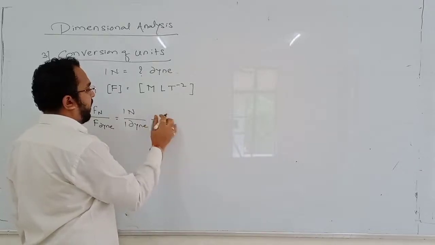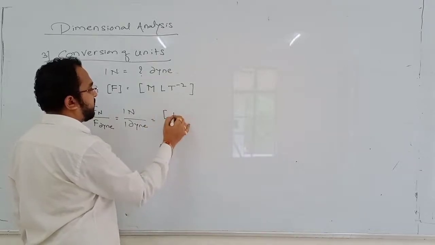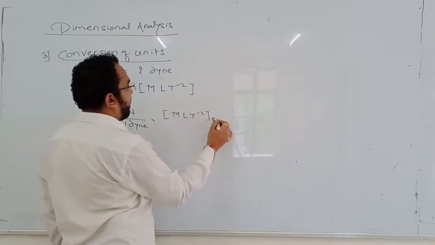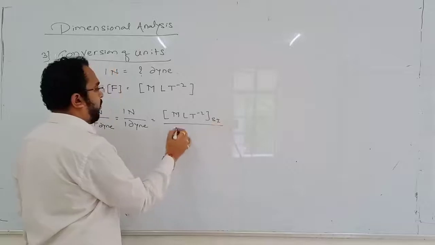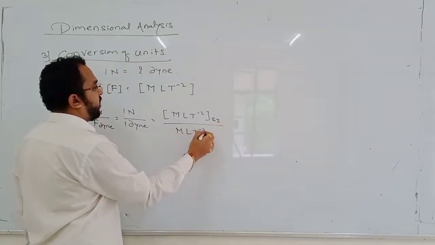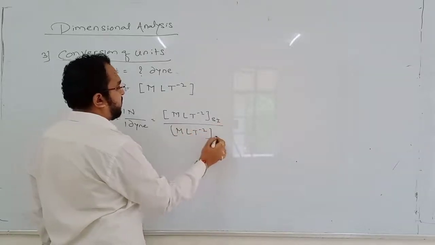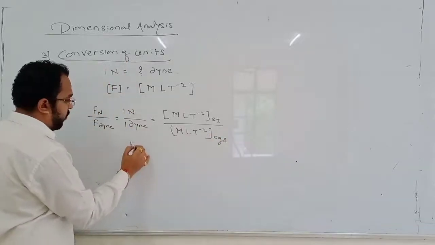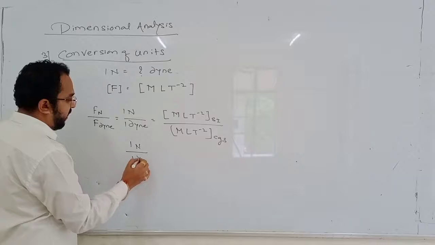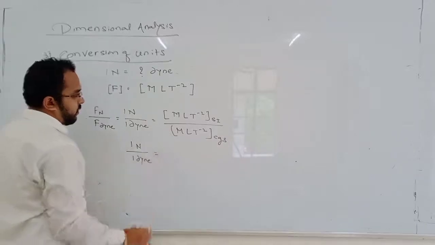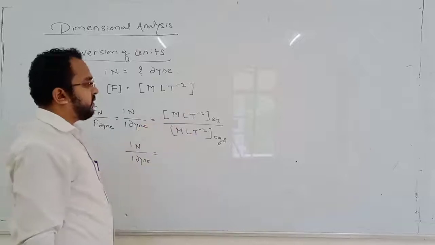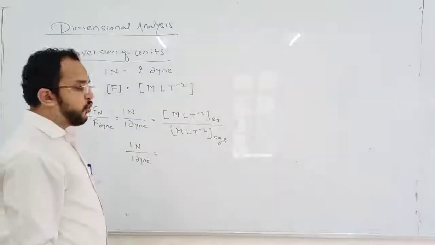Now here we can write these dimensions MLT minus 2 in SI upon MLT minus 2 in CGS. Now carry forward this, 1 Newton upon 1 dyne is equal to. So in SI unit we will substitute the units.